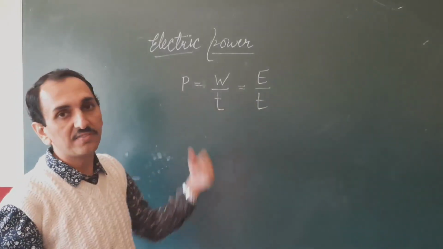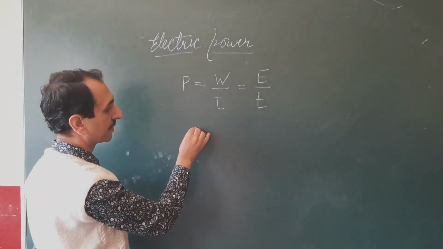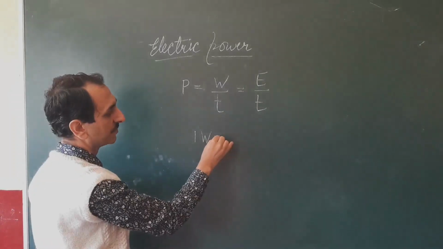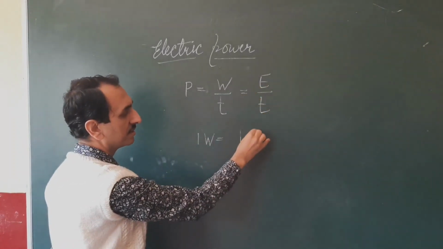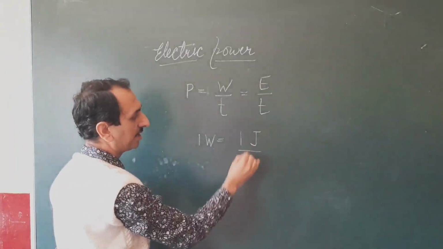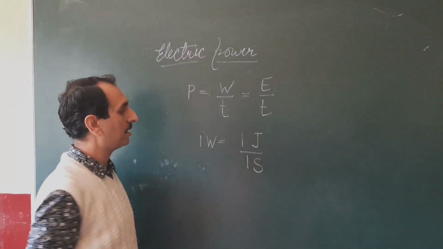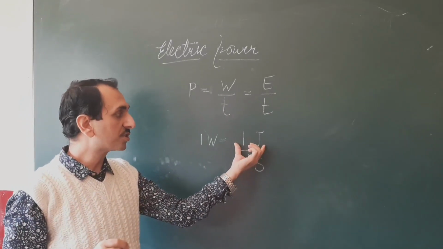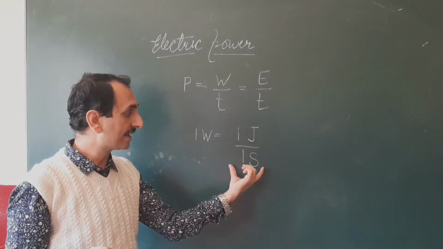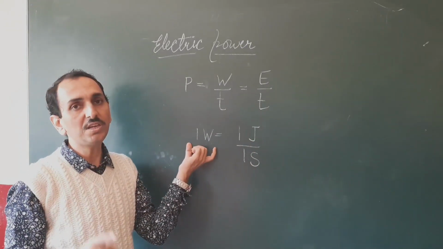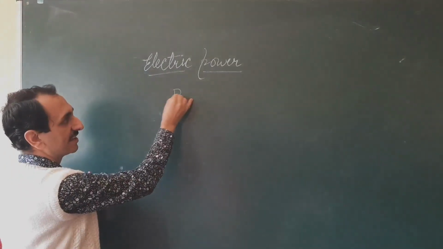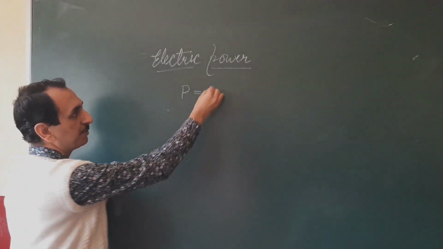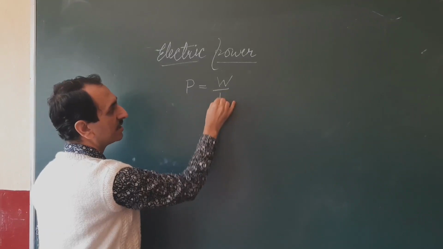Its SI unit is watt. For work and energy it is joule. For time it is second. If a machine or device consumes 1 joule energy in 1 second, then its power is said to be 1 watt.